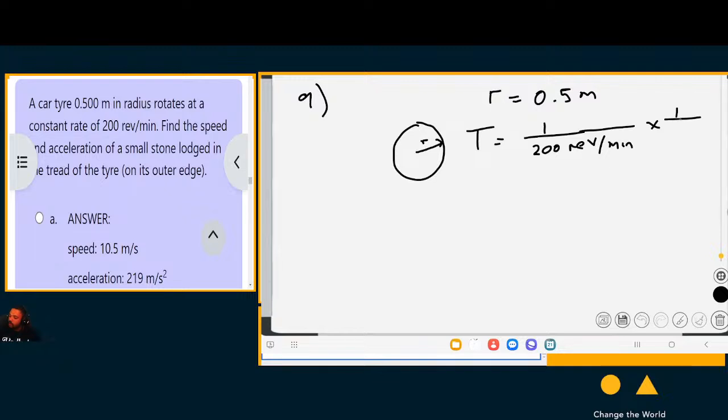We multiply by 60 seconds. Because that's 200 revolutions per minute, you flip it over, it becomes 1/200 minutes per revolution. So this would be 60 seconds, and 60 seconds is equal to 1 minute. Convert.